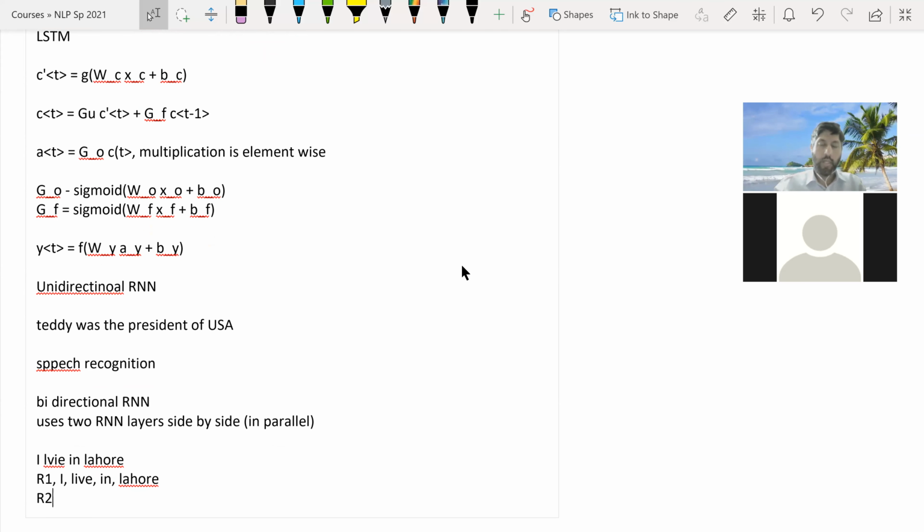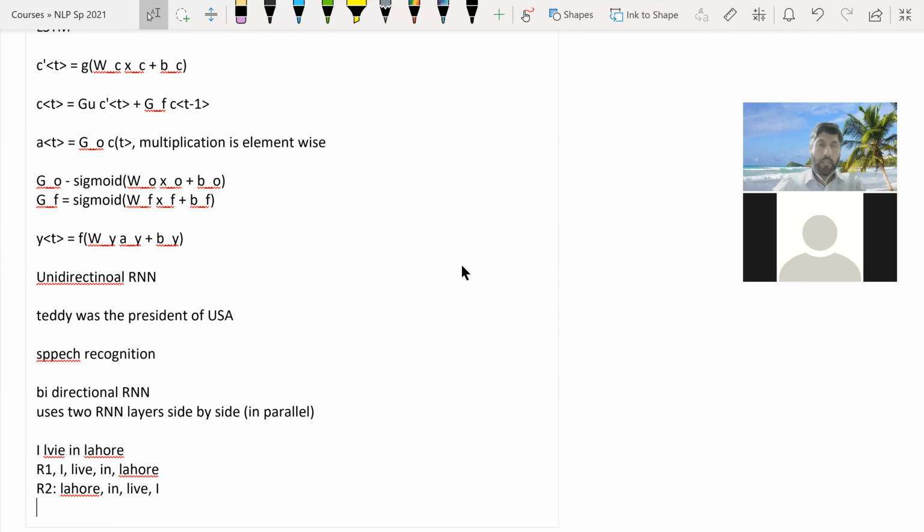R2, which is right to left, will process Lahore, in, live, and I. Okay. So both of them will process, and they can do it in parallel. This is not serial. Of course R1 will process one by one. At the same time, R2 is also processing one by one. Okay.